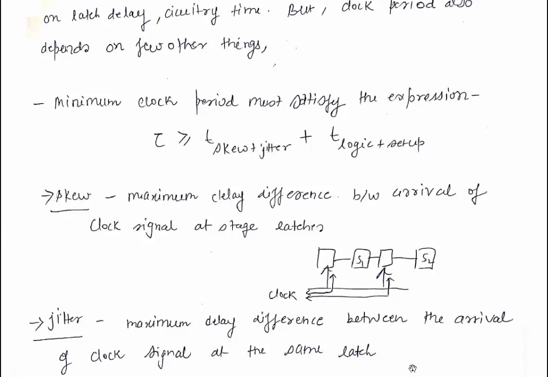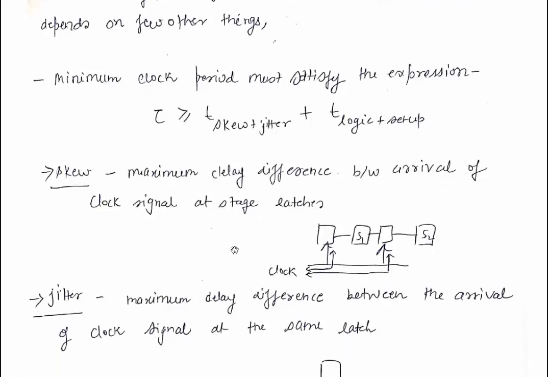The clock signal reaches here at one particular time, and reaches here at another. If you subtract those times, you are able to get the skew. So that is what I have written here: the maximum delay difference between arrival of clock signals at stage latches.